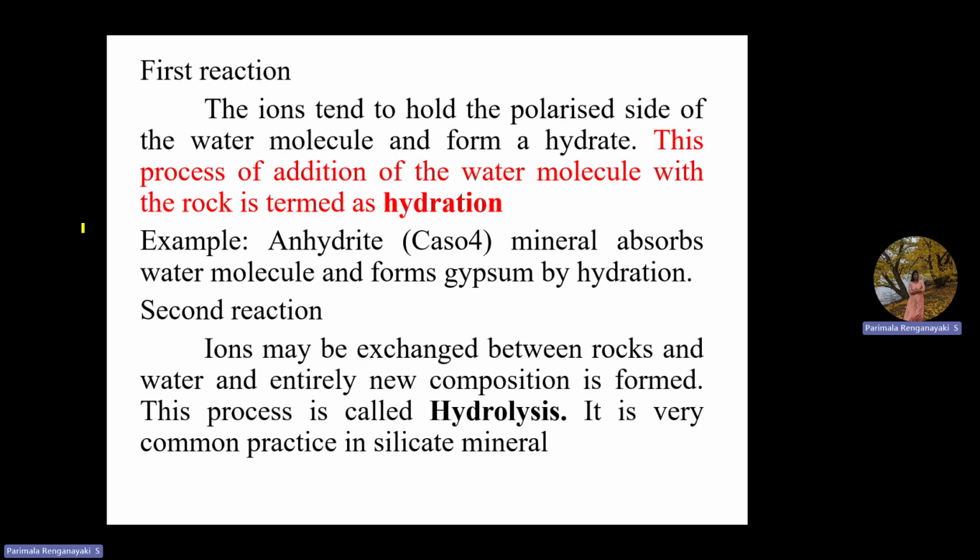The second reaction is when this water is in contact, ions may be exchanged between rocks and water, and an entirely new composition is formed. This process is called hydrolysis. It is very common in silicate minerals.